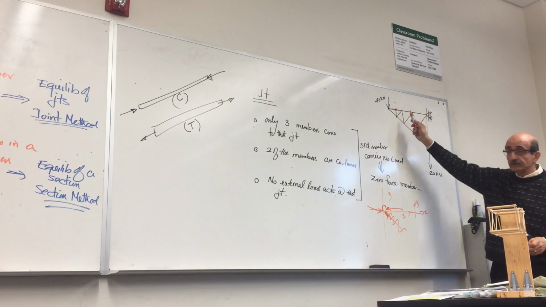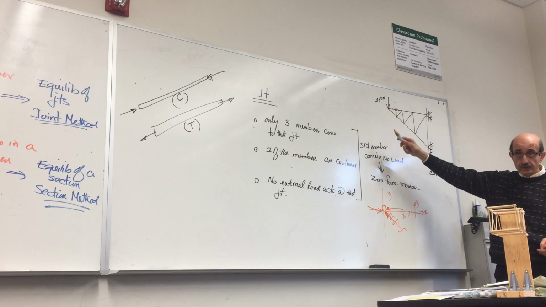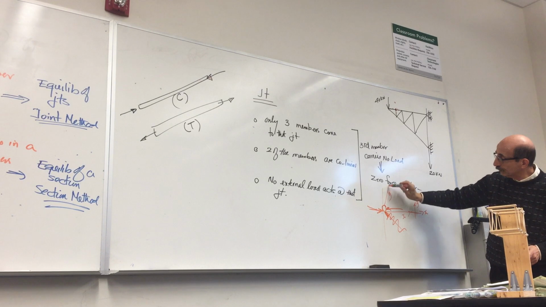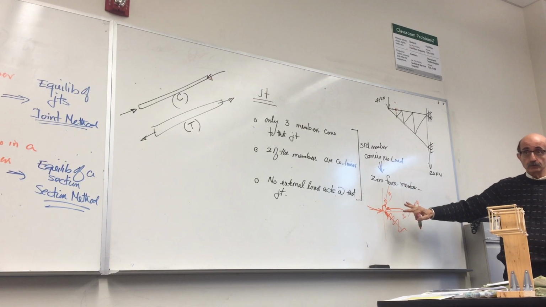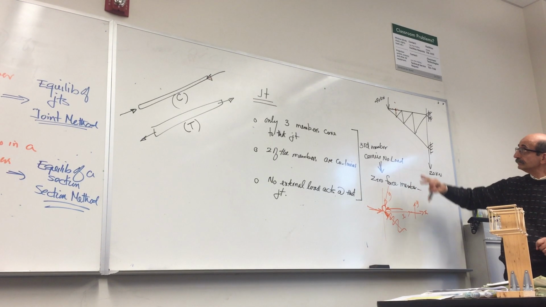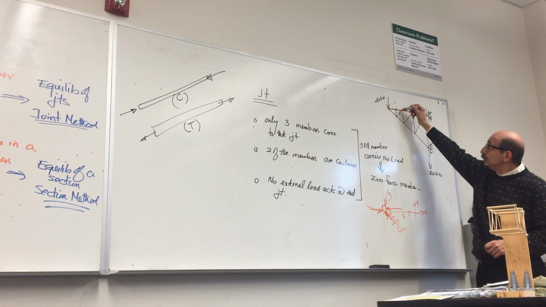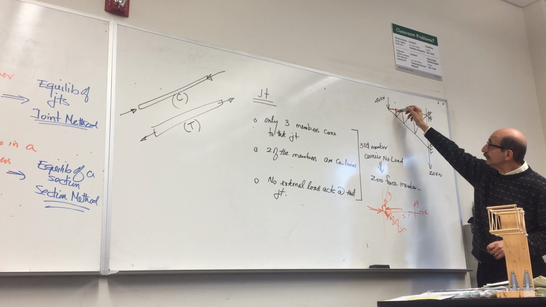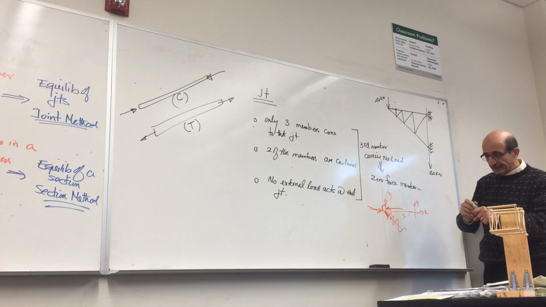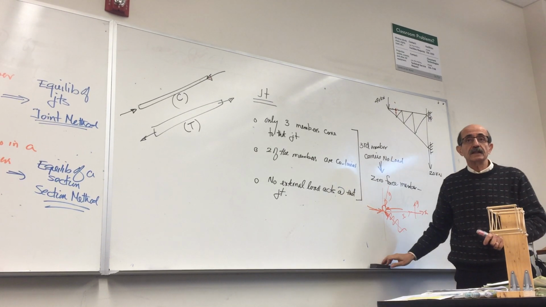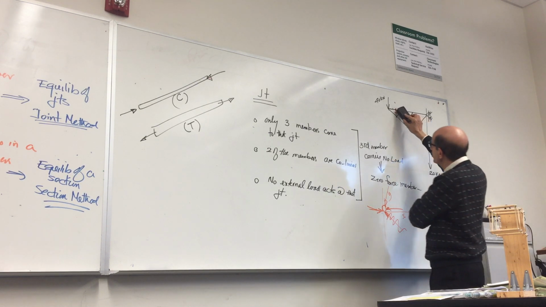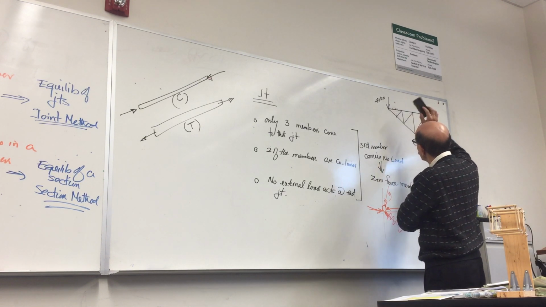If you have three members coming together, two are collinear, and there is no load here, because if there was a load here, this would not hold true. No load acting, two are collinear, only three members. This one is always zero. If you have a zero force member, that means for that loading condition, this member doesn't do anything. You can just simply remove that.